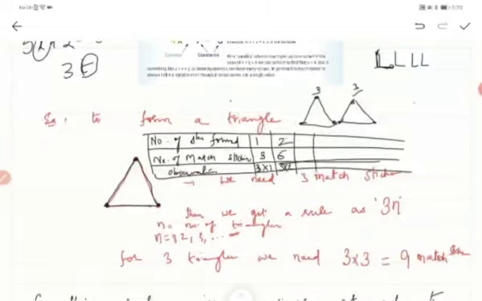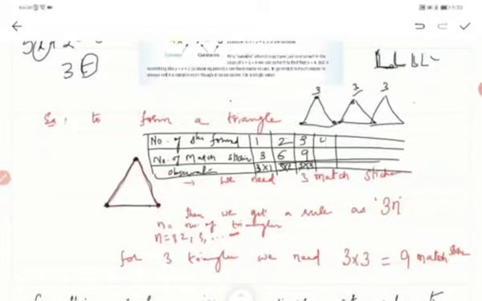What about 3 triangles? I will need how many sticks? 3, 3, 3, it becomes 9. Each triangle is 3 sticks, and we want to form 3 triangles, so three 3s is 9, right? It was the same as what we did for your L pattern.